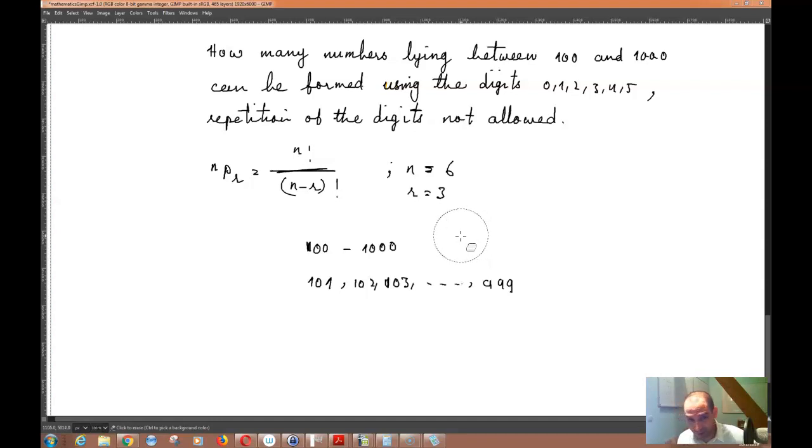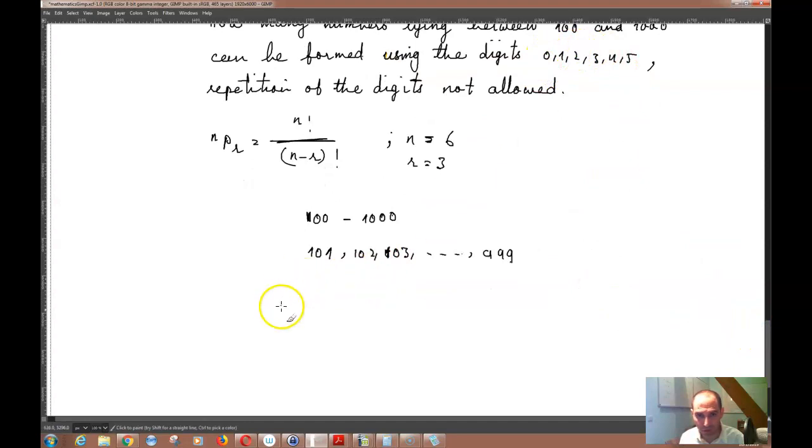But there is a problem here. You see, over here I have the digit 0 as well. When I use these digits to construct these 3-digit numbers, there will be the case that you would start with 0 and then you would have all of these 5 choices: 1, 2, 3, 4, and 5.